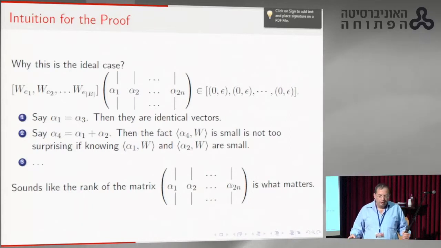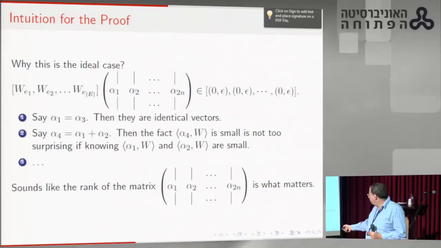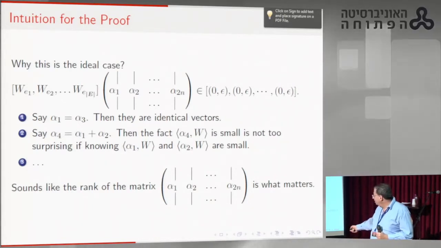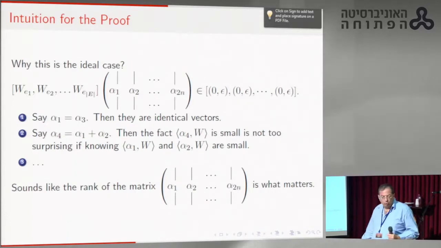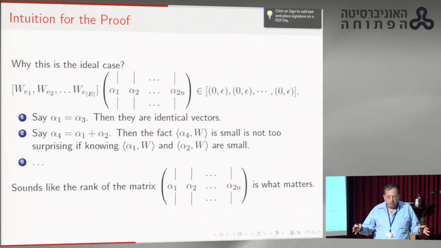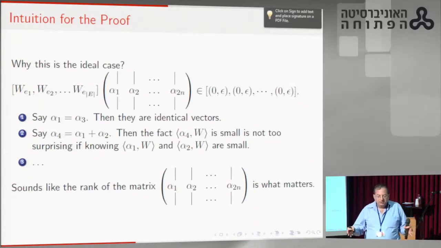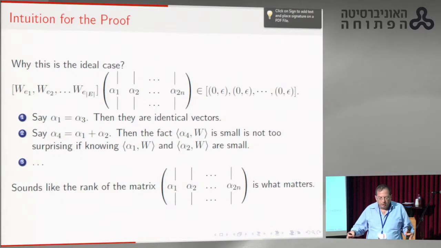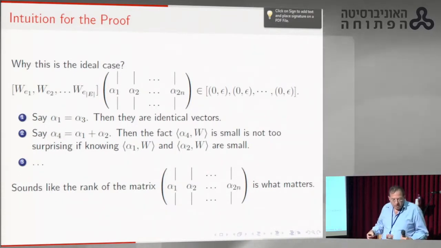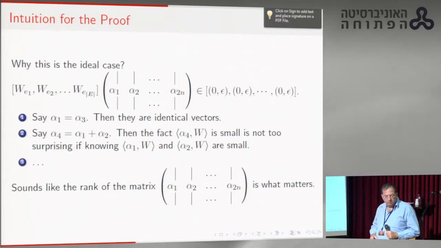If I know that alpha 1 times the weights is small and alpha 2 times the weights is small, so let's say less than epsilon, then for the sum to be less than epsilon is constant probability now, not like epsilon. So linear dependencies really hurt that probabilistic calculation.